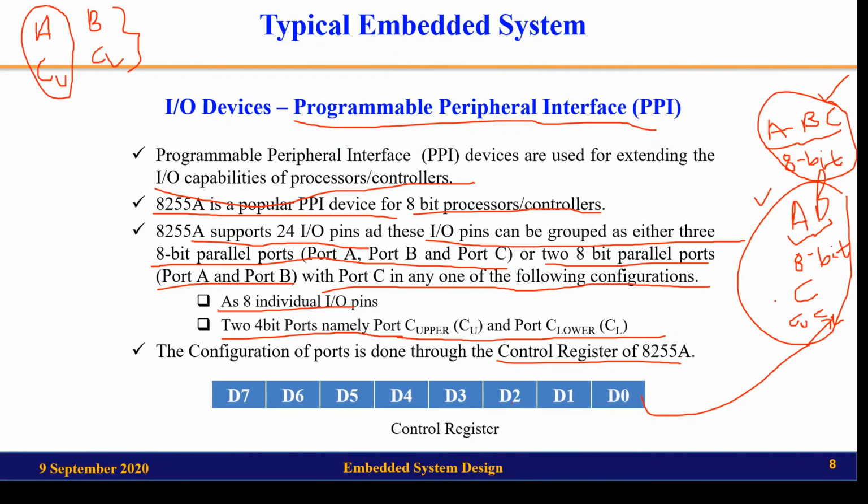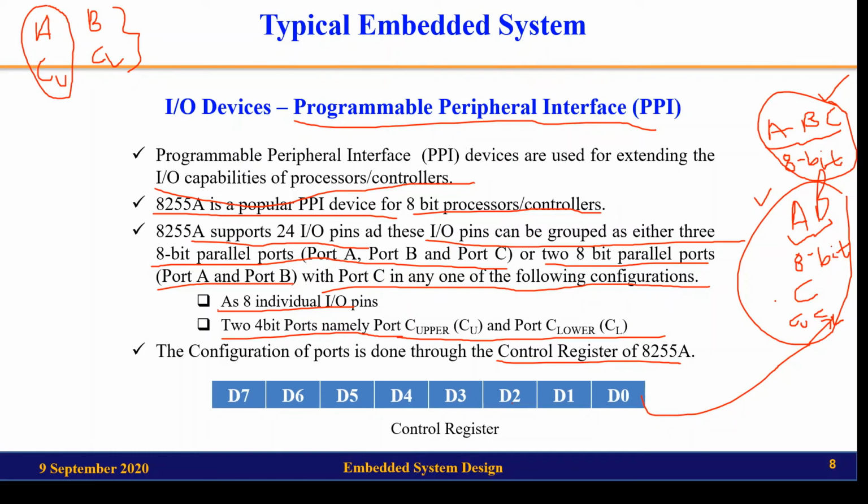C can be considered as an individual 8-bit port, or it can be treated as two half parts. Whatever the modes and the input output settings we have seen with respect to CU and CL, we haven't seen about individual C. So the individual C can be seen in the D7 bit.